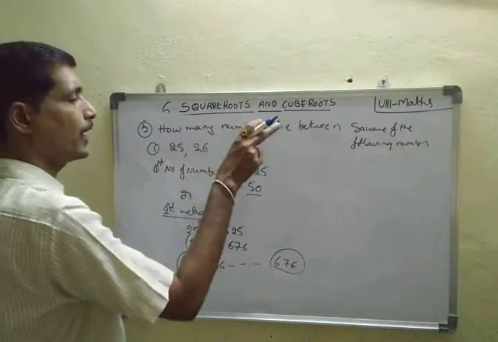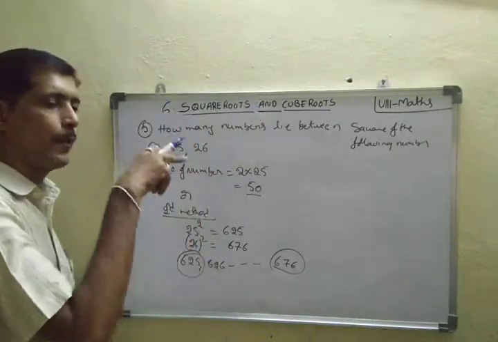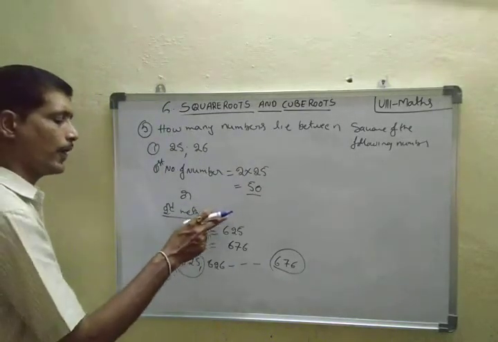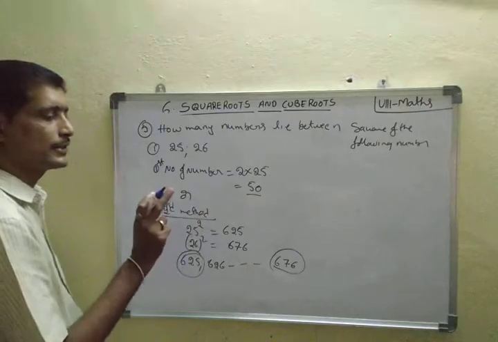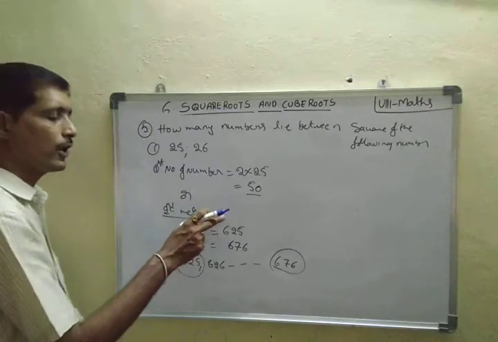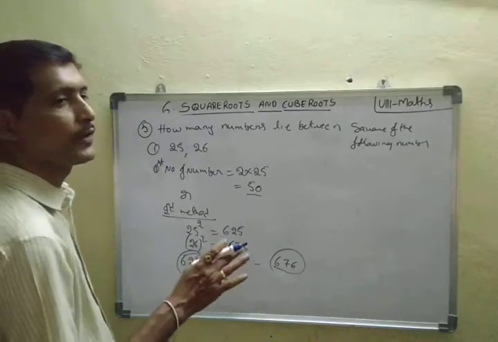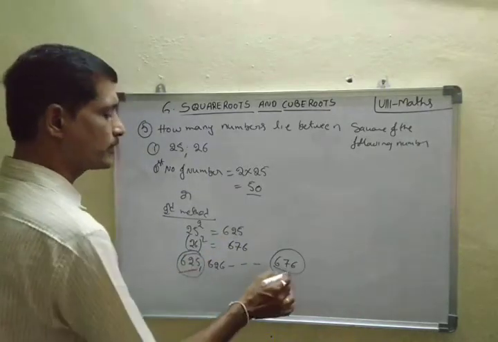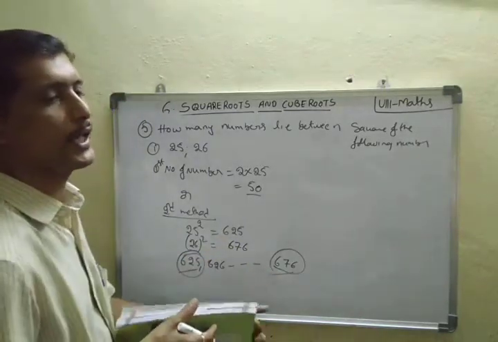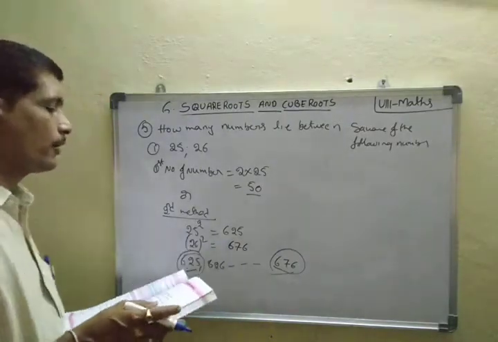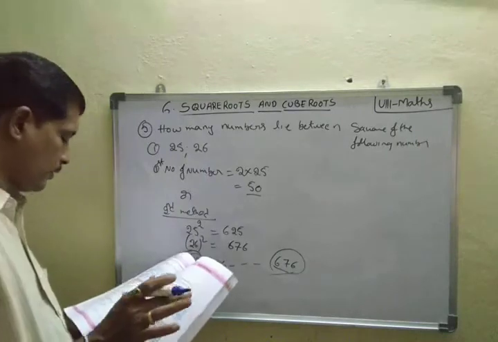How many numbers lie between the squares of the following numbers? 25 square is 625 and 26 whole square is 676. Between 625 and 676, excluding this number and this number, the remaining numbers are a total of 50 numbers. Is that correct or not? Write out the numbers and count them. Okay.